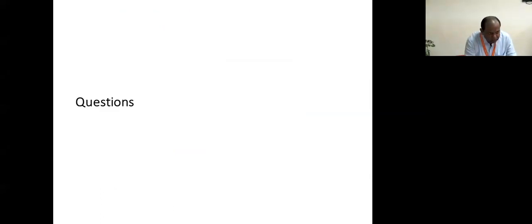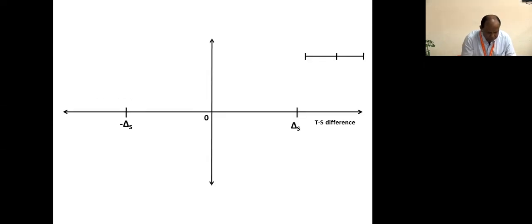Now I am going to display the graphs, so you need to answer the question. Superiority? How many people are voting for superiority? Okay, significantly superior.